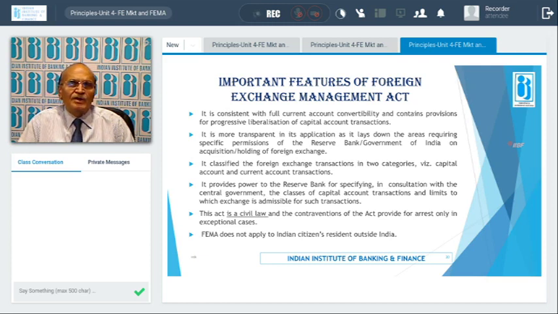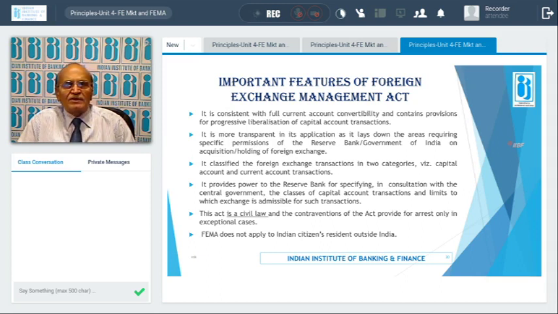Number two, it is more transparent in its application and it lays down areas requiring specific permissions of RBI, Government of India on acquisition or holding of foreign exchange. It classifies the transactions into two categories. Number one, capital account, and number two, current account transactions.